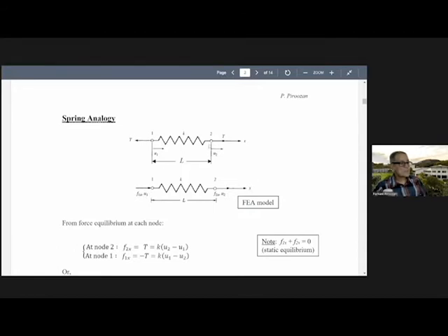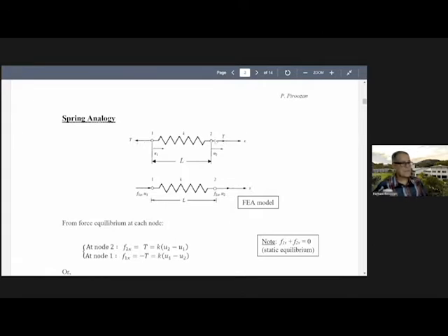This is the notation that we used in solid mechanics, that we said this applied T to this node is positive, and this is also T positive if it is in the negative X direction on the other side. So for equilibrium, we use this one in statics.